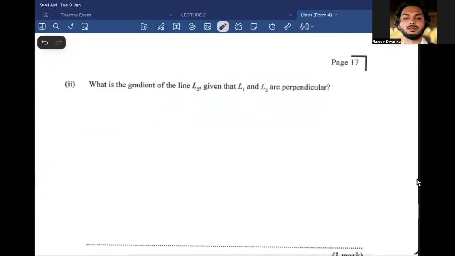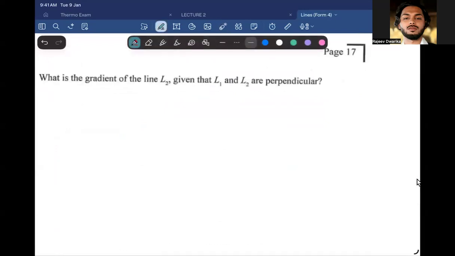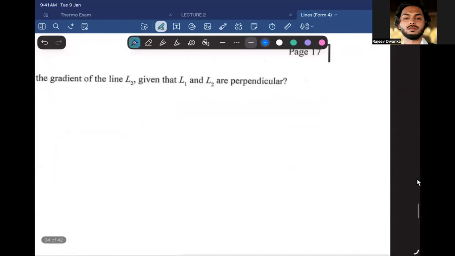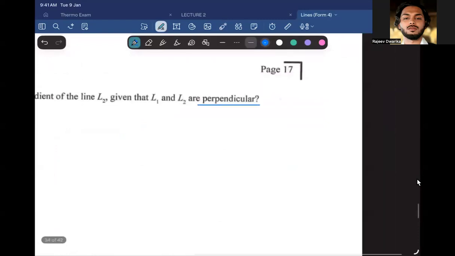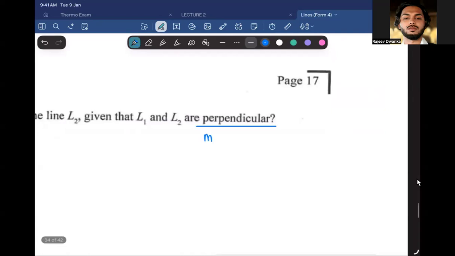All right. What is the gradient of line 2 given that L1 and L2 are perpendicular? Anytime you see the word perpendicular, it means that the gradients are the negative reciprocal of each other. So we know that M1 was equal to negative a half, right?